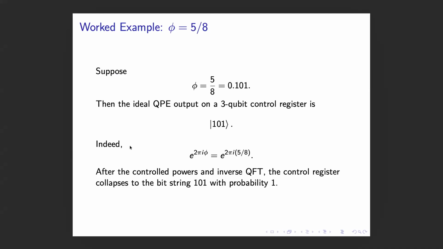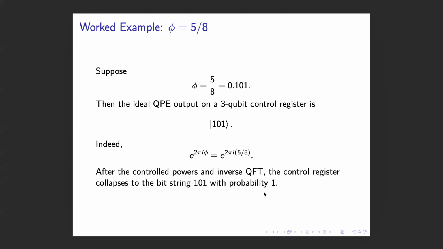And if you look at that one, you will see that the eigenvalue which you're getting, or the phase phi, is actually 2 pi i of 5 divided by 8. So after the control powers in inverse QFT, the control register collapses to this bit string 101 with a probability 1. So this is an example of where your phi can be exactly represented by only 3 qubits.